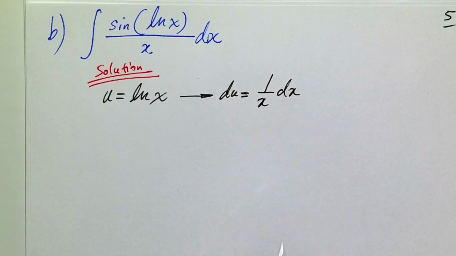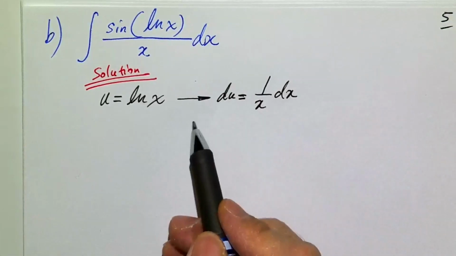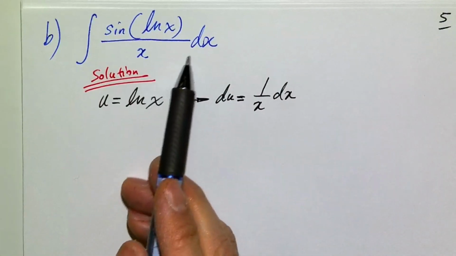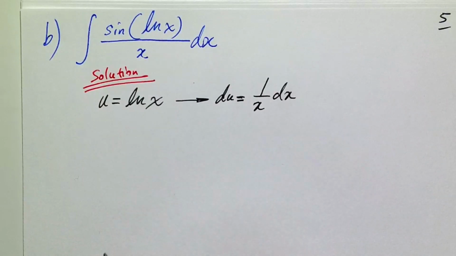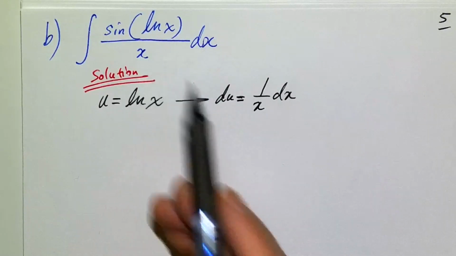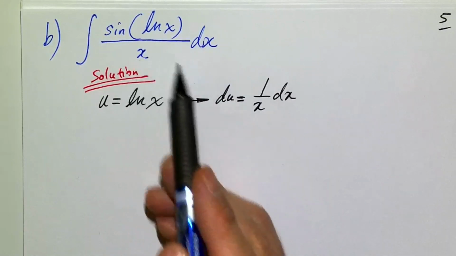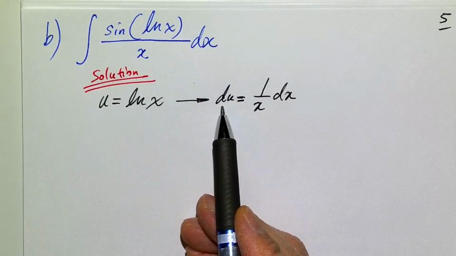Okay. In this case, once you're done with this, can you directly substitute for dx over x with du? Yes, we can. Right? Dx over x, we can directly substitute for that with du.